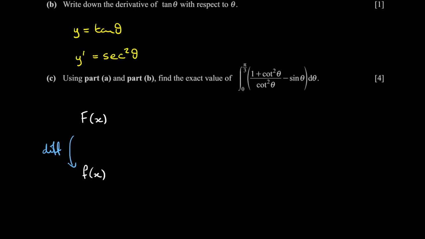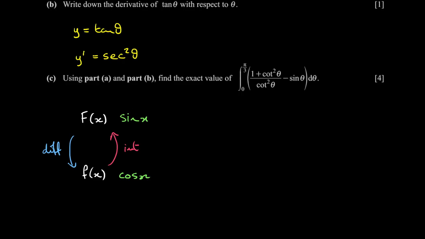That means if we were to integrate little f of x, we would get back to big F. So if we know how one function differentiates, we can reverse that to know how it integrates. For example, sine x differentiates to give cos x. So if we integrate cos, we're going to get back up to sine. Okay, that's the key idea here.